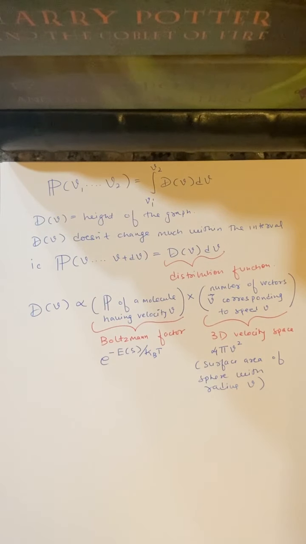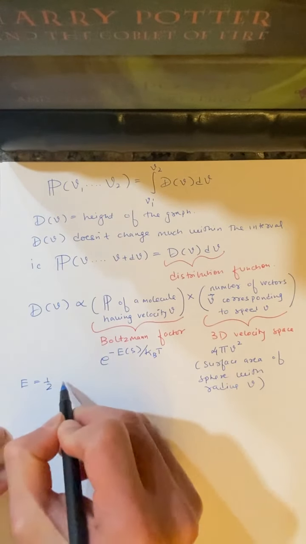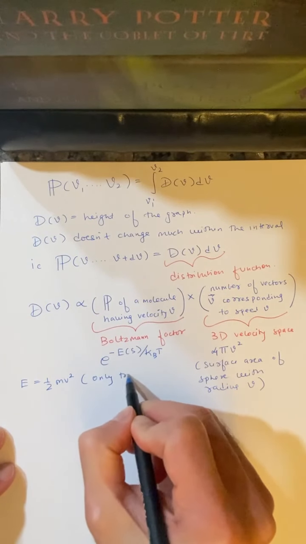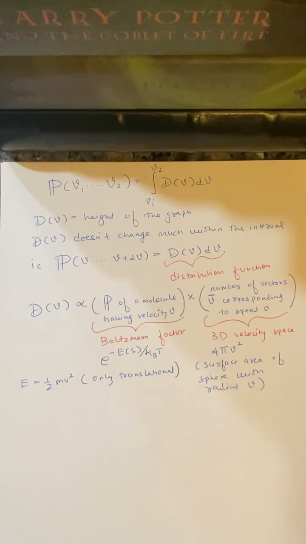In this case, we are always concerned with the energy of a particular system. For an ideal gas, it is simply the translational energy, which is half mv square. E equal to half mv square.